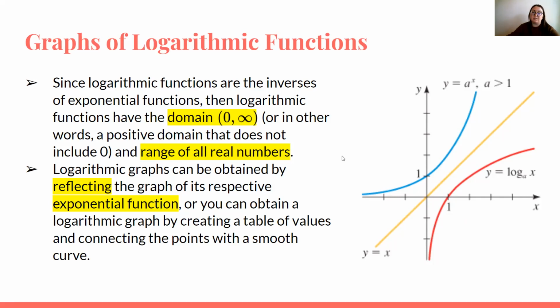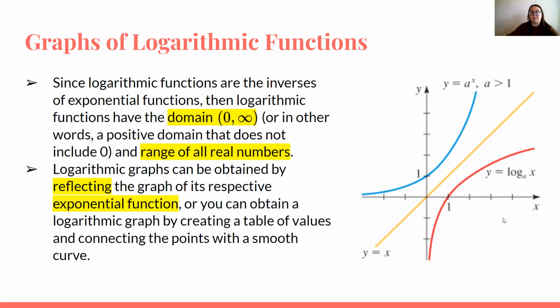We're seeing here that they're inverses, but also just looking at generic exponential functions and logarithmic functions. Since the range of exponential functions is always 0 to infinity, that has to be the domain of the logarithmic function. That's because they're inverses.